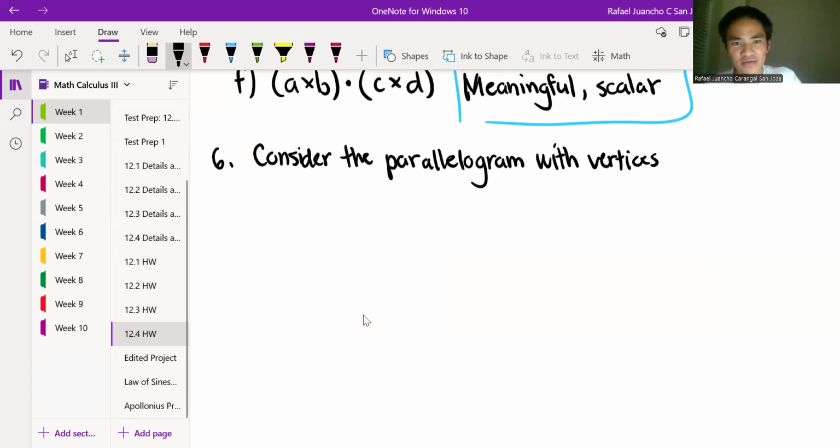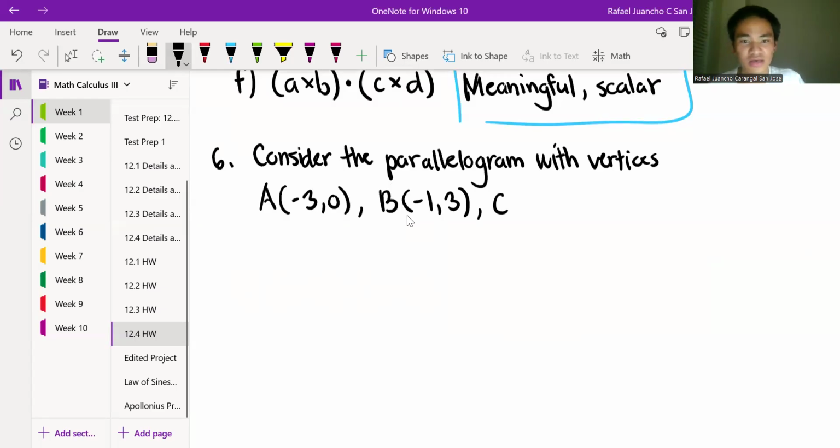Oh, would you look at that? It's in 2D. A, which has components -3, 0, B, which has -1, 3, and C and D. C, which has 5, 2, and D, which has 3, -1.